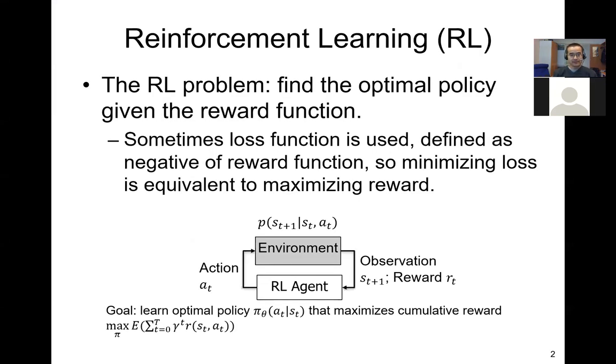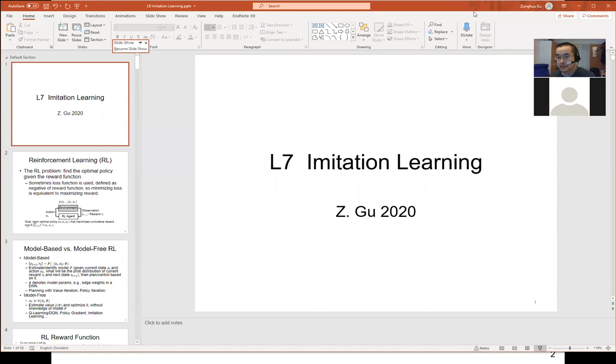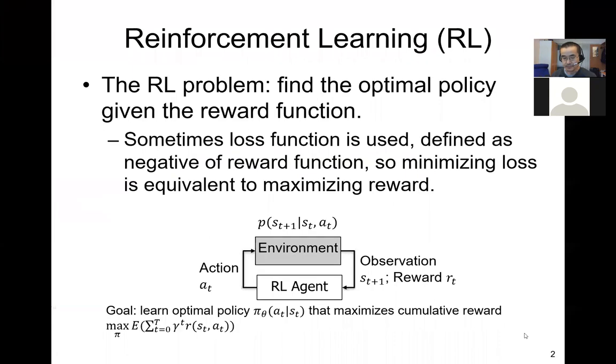In the reinforcement learning problem, you have an agent that interacts with the physical environment, trying to maximize its cumulative reward.